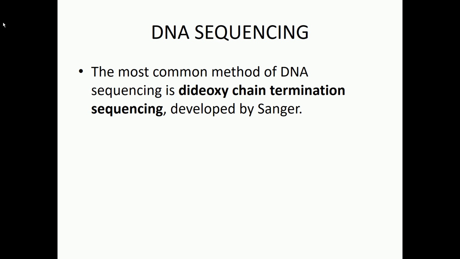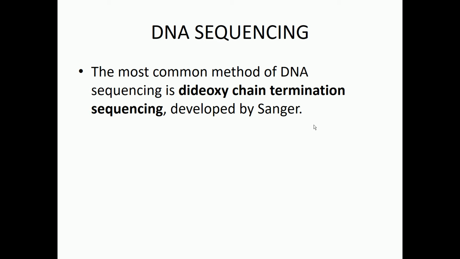So how is DNA sequencing done? It is done by a technique called the dideoxy chain termination sequencing method, developed by Sanger. This is the most common method used for DNA sequencing.